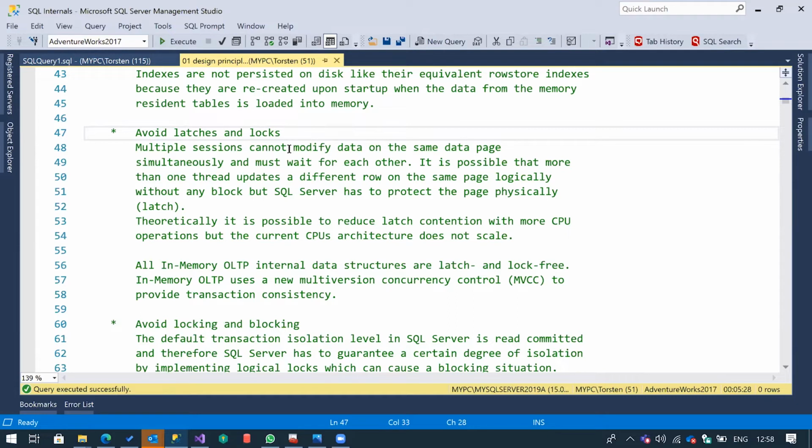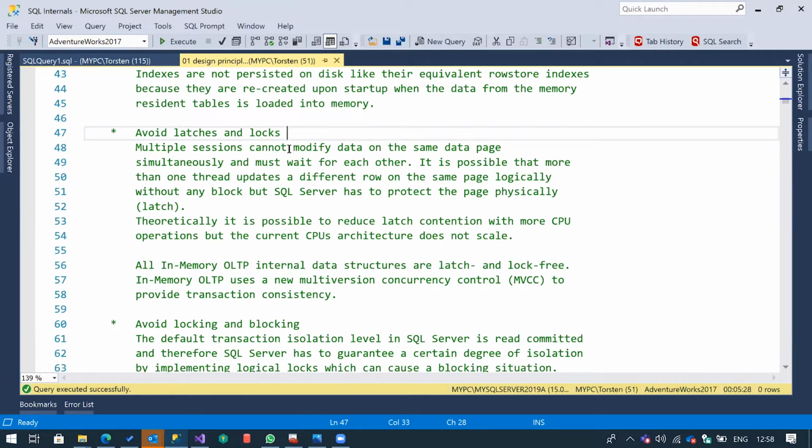There are several reasons that we will end up with page allocation in TempDB. Again, we will see page latch contention on the pages, and for sure we will see page latch contention on the so-called GAM page in TempDB. That is a reason, by the way, why Microsoft recommends using more than one physical TempDB file, because the GAM page has its own interval, but this is not the problem here.